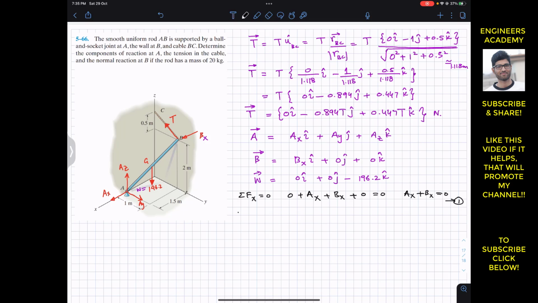Similarly, if we apply the summation of forces along Y equals 0, we have to add up all the Y components. So the Y component of T is minus 0.894 T. Then we have AY, 0 and 0.